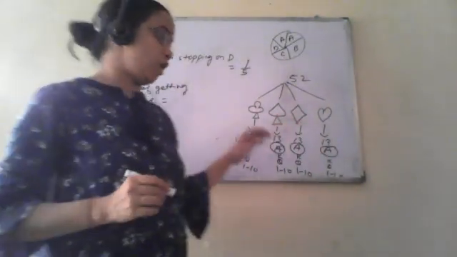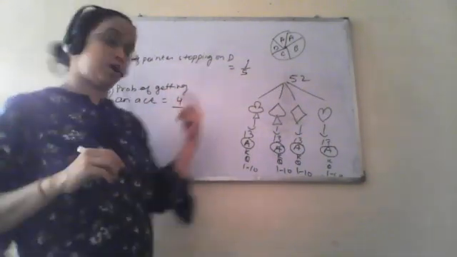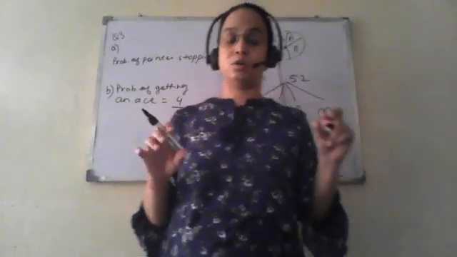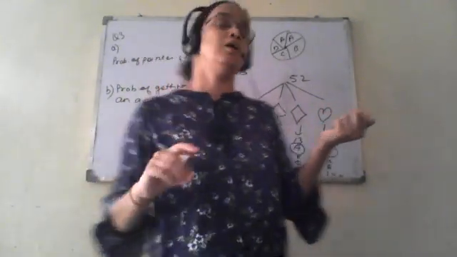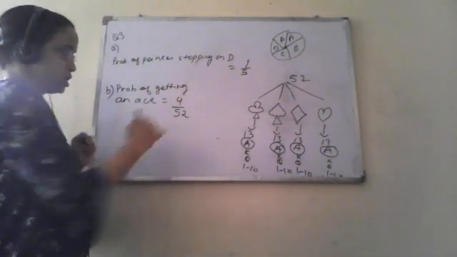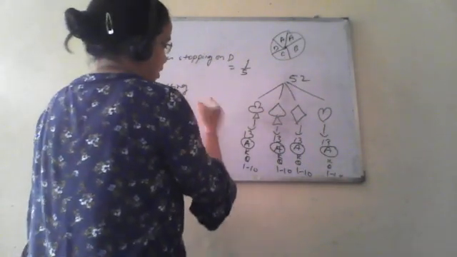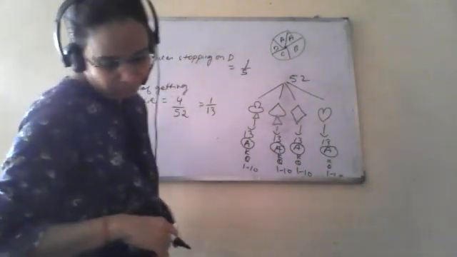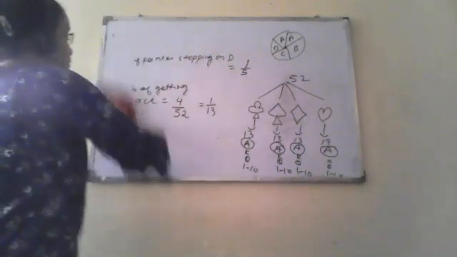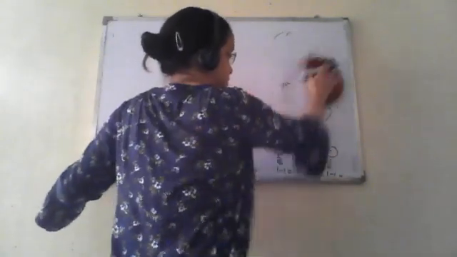So the total number of outcomes of getting an ace card will be 4 upon the total number of outcomes. There are 52 cards, so the total number of outcomes will be 52. Okay, so this is the probability of getting an ace from 52 cards. So it will be 1 upon 13. Clear? So that's the third part. I hope this is clear. Concept of cards.